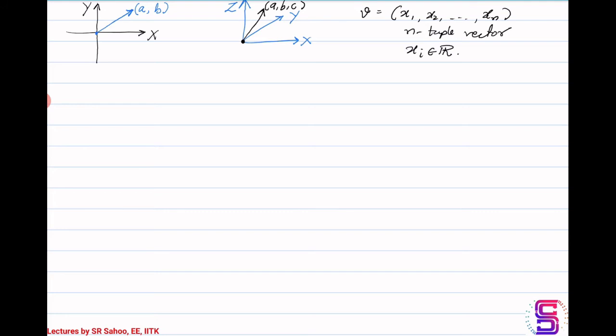As we proceed further, we'll see that if there is a vector space, a set of m cross n real matrices with the field being reals, when you call this a vector space, let, for simplicity, m be equal to 2 and n also be equal to 2.